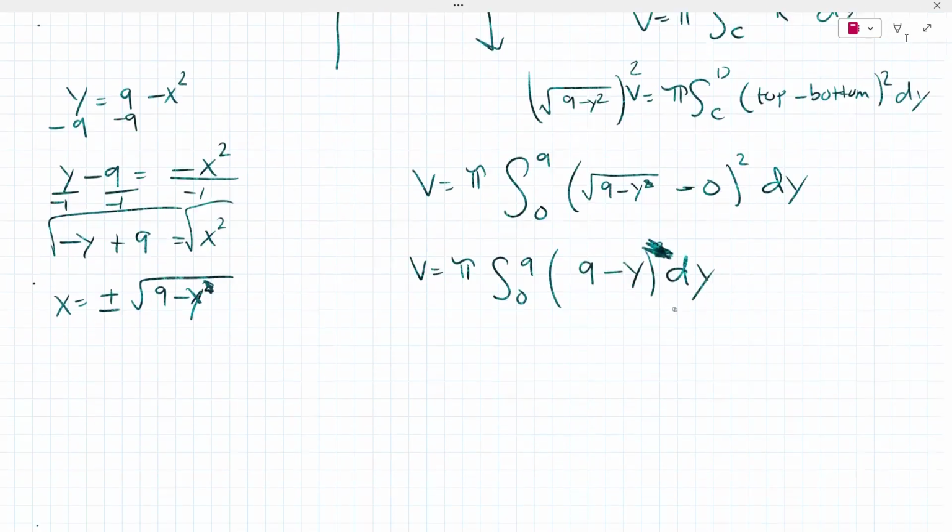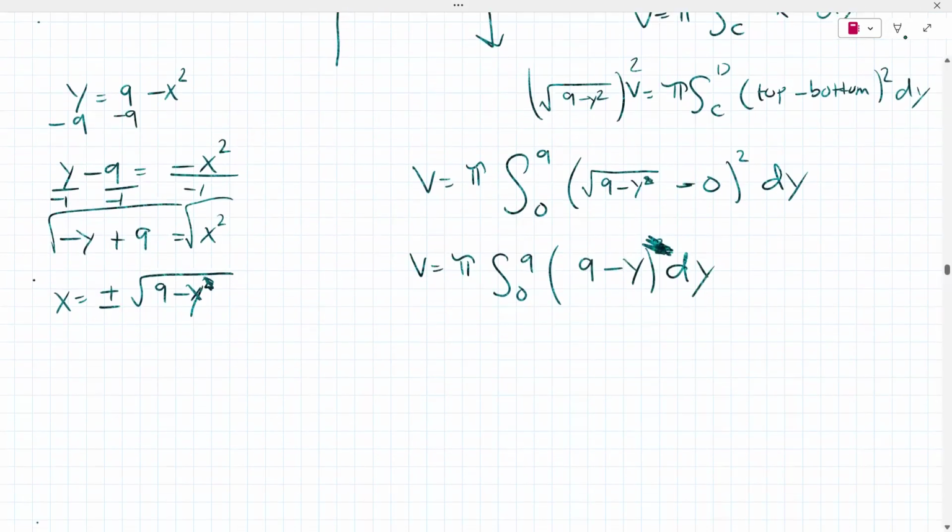Okay, and then we can easily take the integration of 9 minus y. The integration of 9 is 9y. The integration of negative y is negative 1/2 y squared. And we are going from the boundaries 0 to 9.